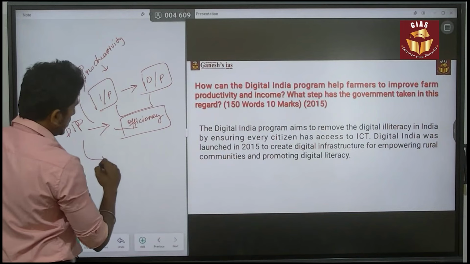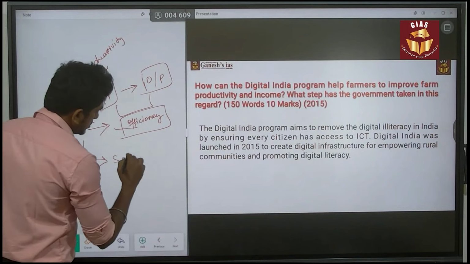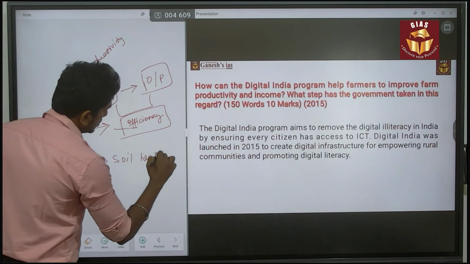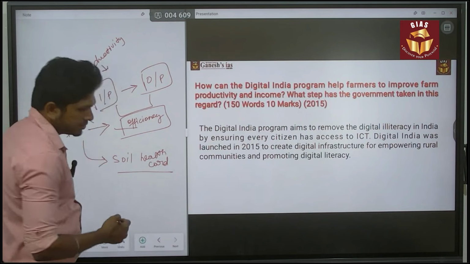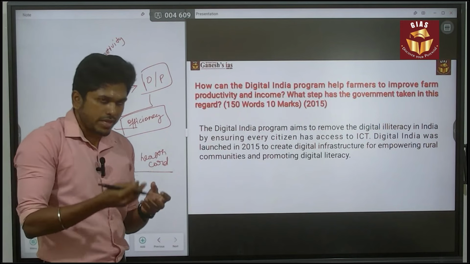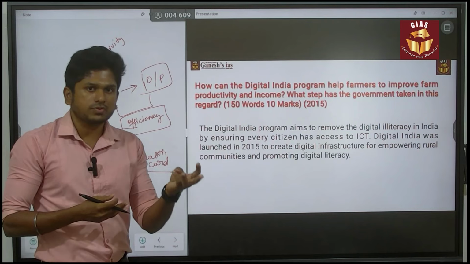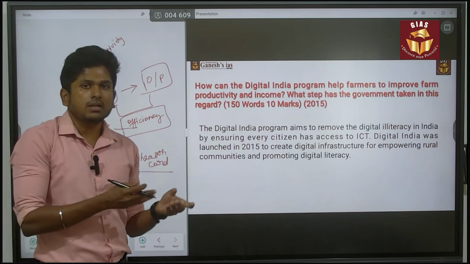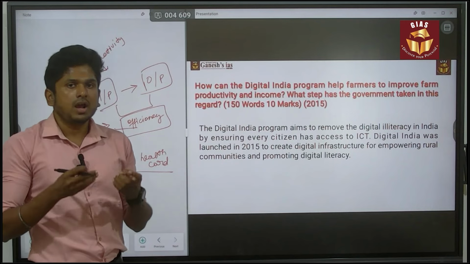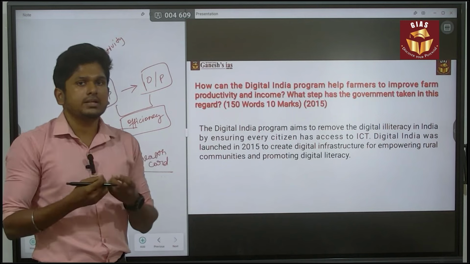For example, based on the Digital India program, there is a scheme called Soil Health Card. Consider that based on the soil health card, you come to know that your soil has this much nitrogen, this much phosphorus, this much potash, and all the other micronutrients. And you come to know that your soil contains very low nitrogen.